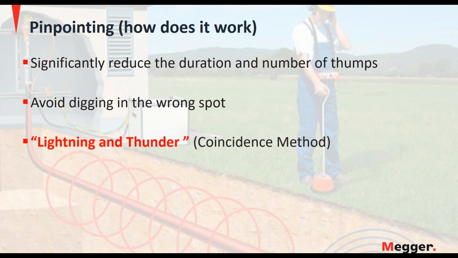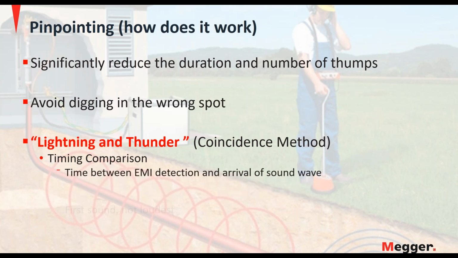We describe that with lightning and thunder, which is a timing comparison between the electromagnetic pulse and the acoustic wave. The digiphone triggers off of the first sound, not the loudest sound. So if for some reason you're pinpointing cables in a conduit, it will still pinpoint it even though you have that echo effect in conduit.